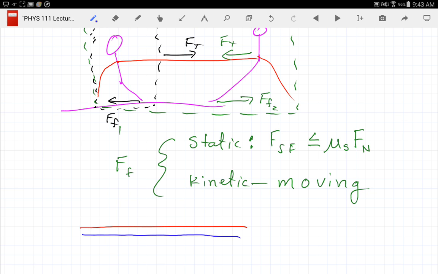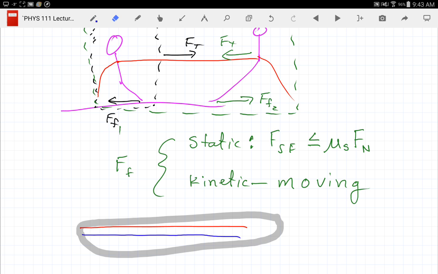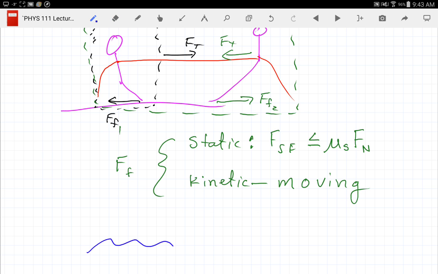Whereas if they're rough, if instead of being like that, you have one surface like this, and the other surface like this, it's going to settle a little bit in, kind of like with my fingers spread out a little bit, and they don't slide sideways easily because they've dropped in between. I have to lift them before I can move them sideways.